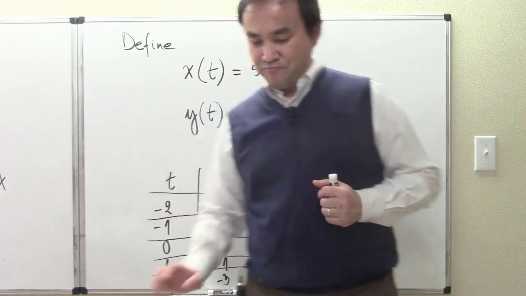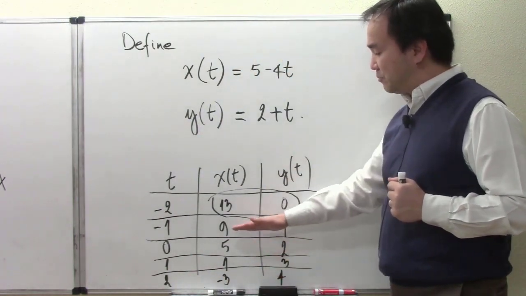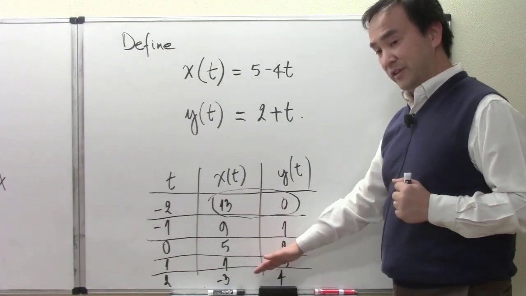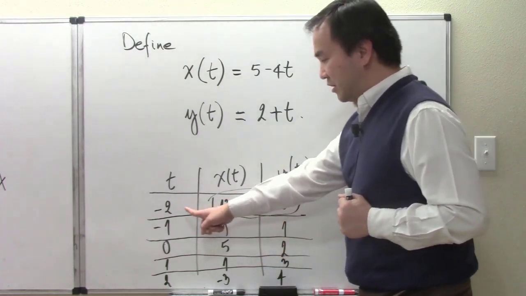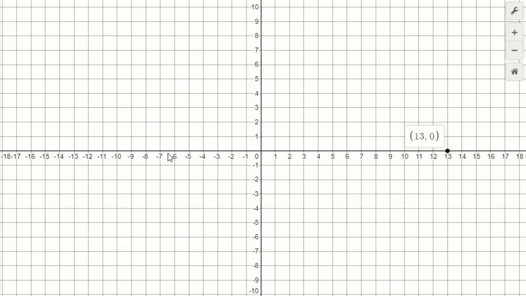Go ahead and have a closer look at our table, because I am going to plot the rest of these points. One more time, you can see that when I was showing the graph earlier on the computer screen, the horizontal axis was already reserved for the values of x, and the vertical axis, the y-axis, was already reserved for the y values.